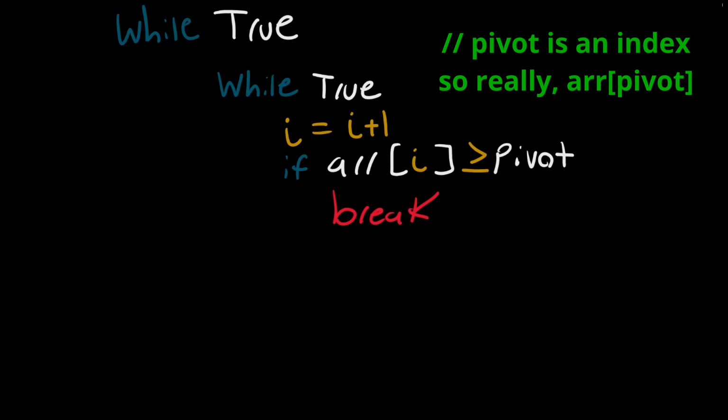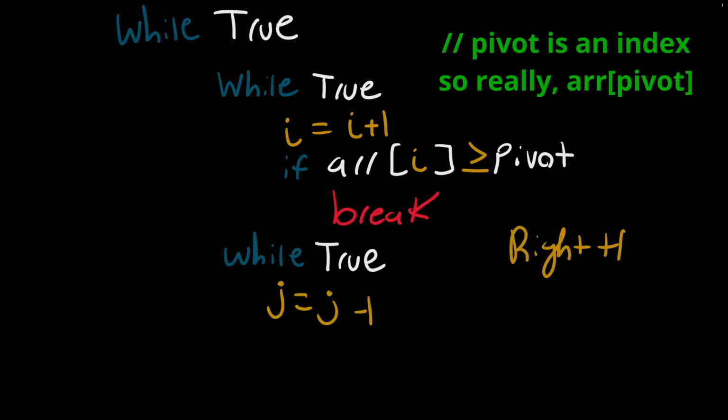And we're going to ask the same question to j, but in the reverse fashion. So j is going to be equal to j minus 1. That's why we initially did right plus 1.